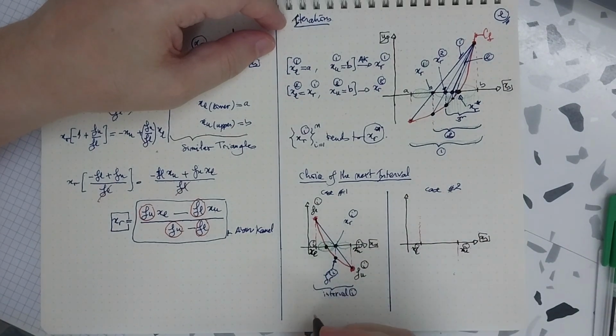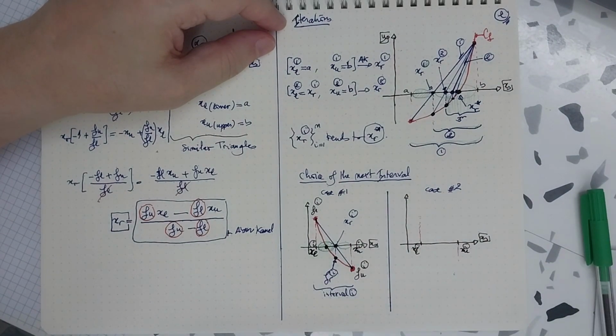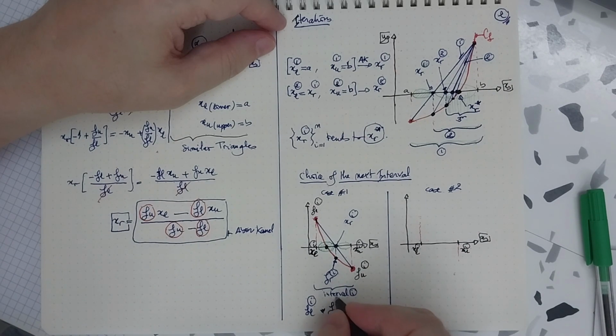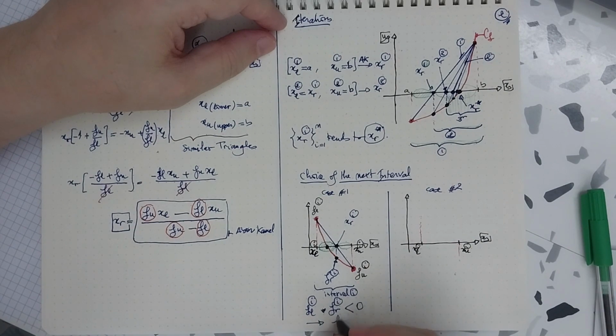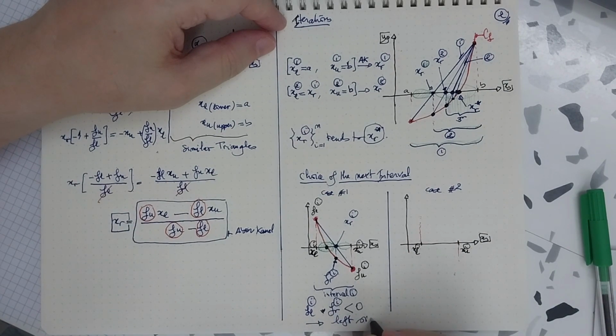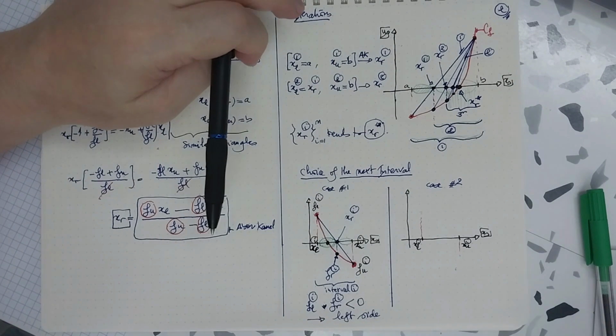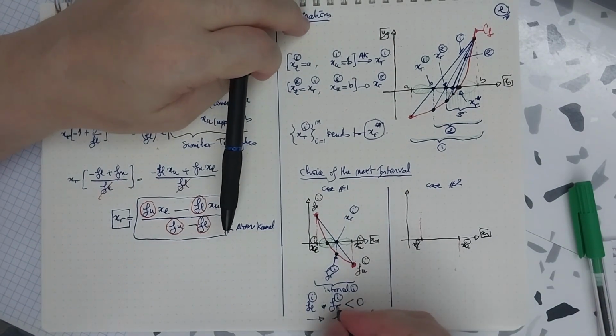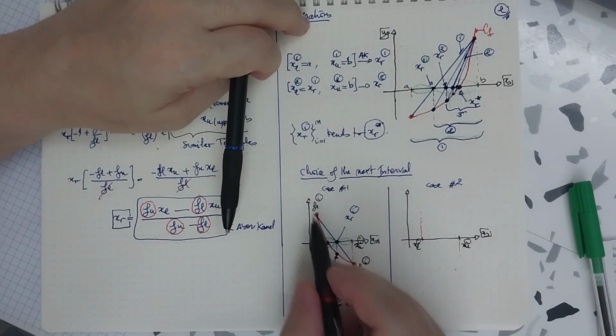So the rule is very simple. FL I by FR I is negative to get the left side. And be careful here, FR, not FU. We are comparing FL and FR.